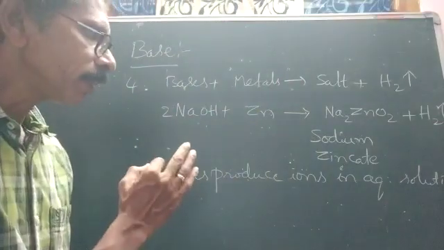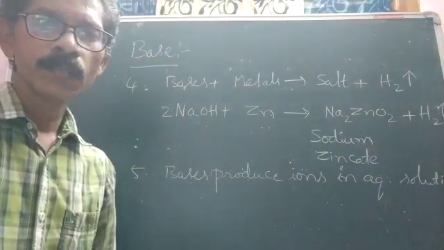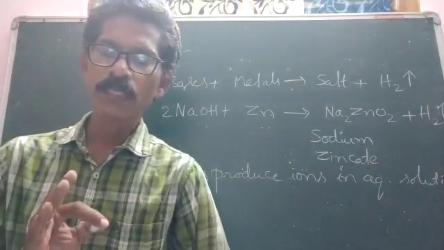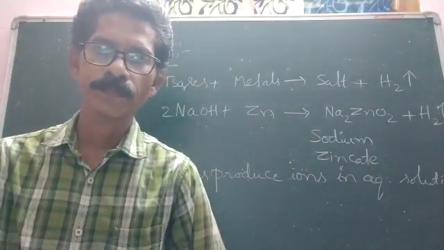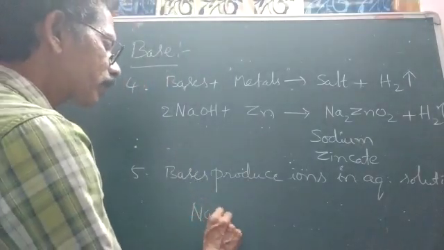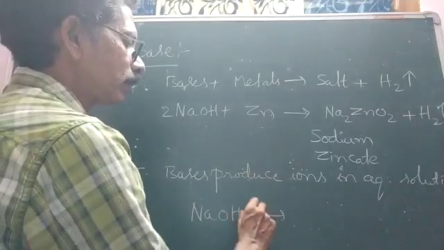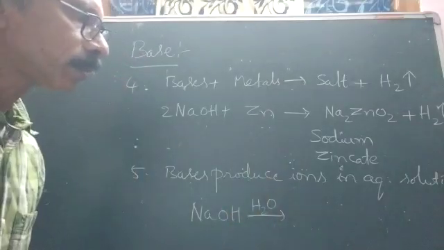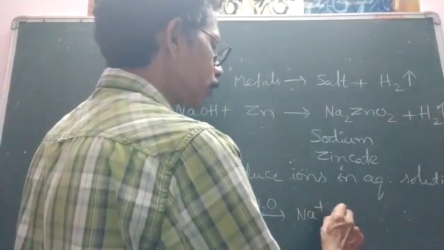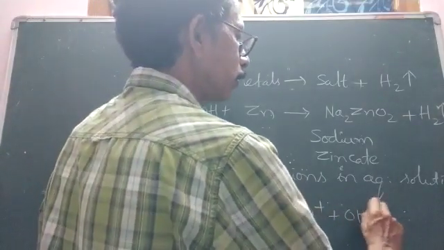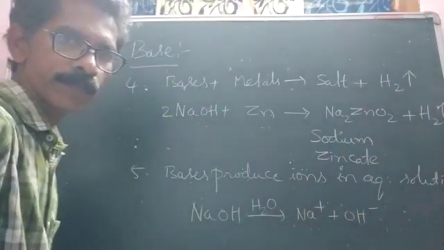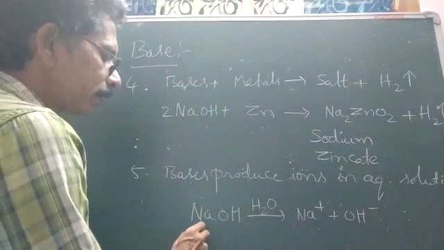When a base is dissolved in water, it dissociates into ions. For example, sodium hydroxide when dissolved in water forms sodium ions and hydroxyl ions; OH minus means hydroxyl.